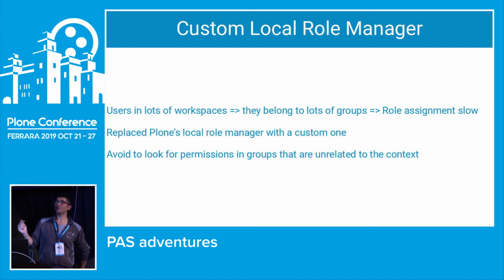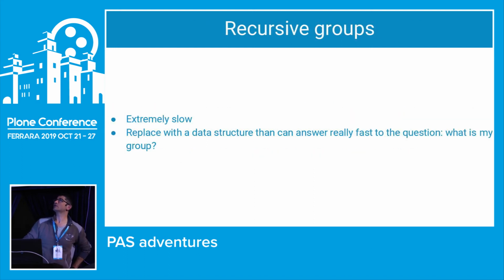And then if you are outside the workspace, you should even discard all those collective workspace groups, and then we could skip those groups because they were unrelated to the context.